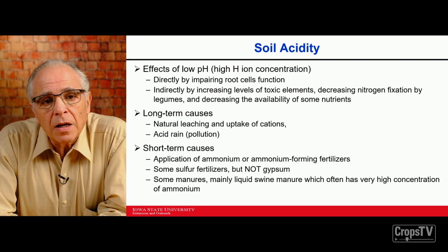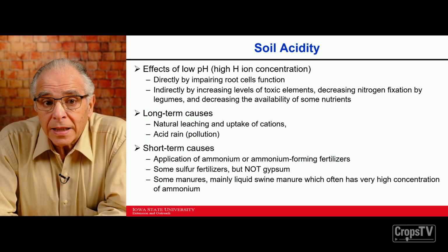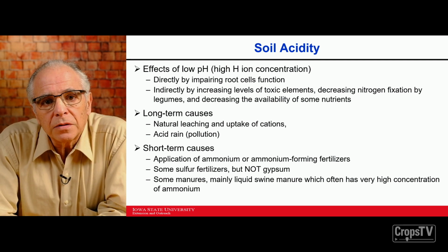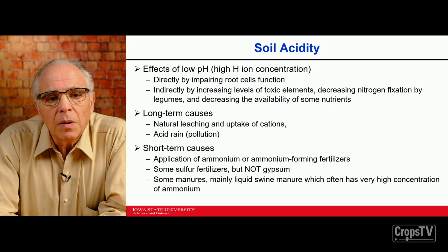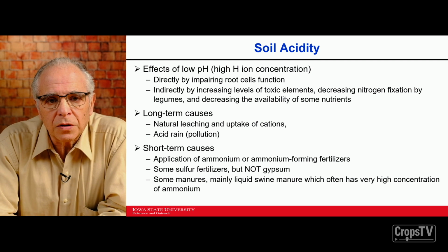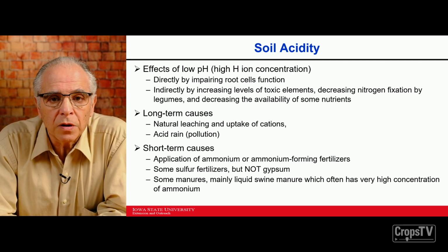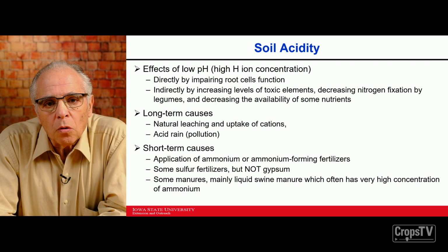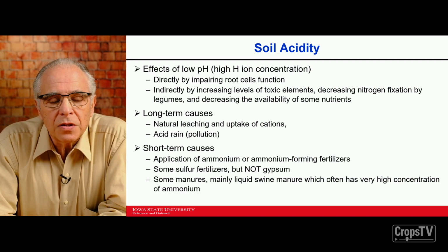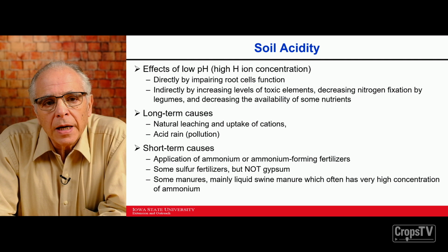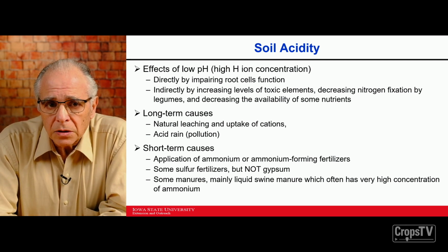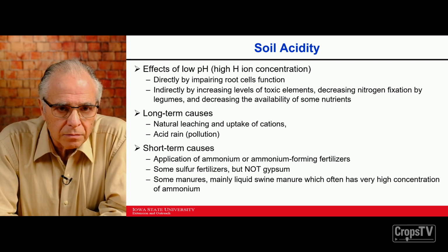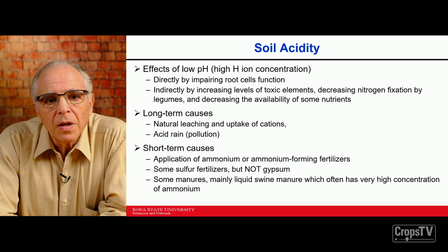The effects are direct, by impairing root cell function due to high hydrogen concentration, but most of the time it is an indirect effect: increasing levels of toxic elements such as aluminum at very low pH, decreasing nitrogen fixation by legumes, and decreasing the availability of some nutrients.